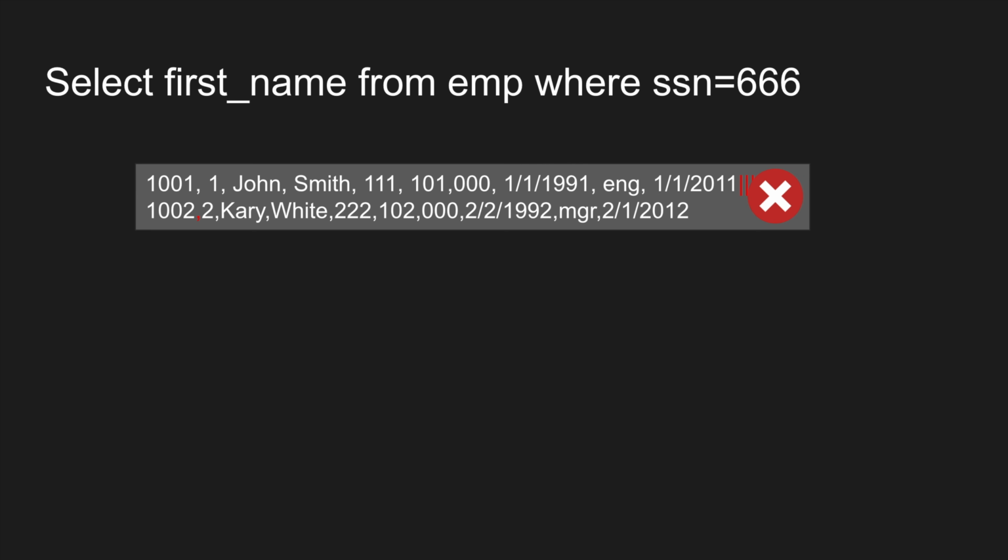It's not like this field has any relation to the row itself. It's just a random value, right? So I have to pull the first block of the table. Does 666 exist in this? Nope. This is 222, and this guy is 111.